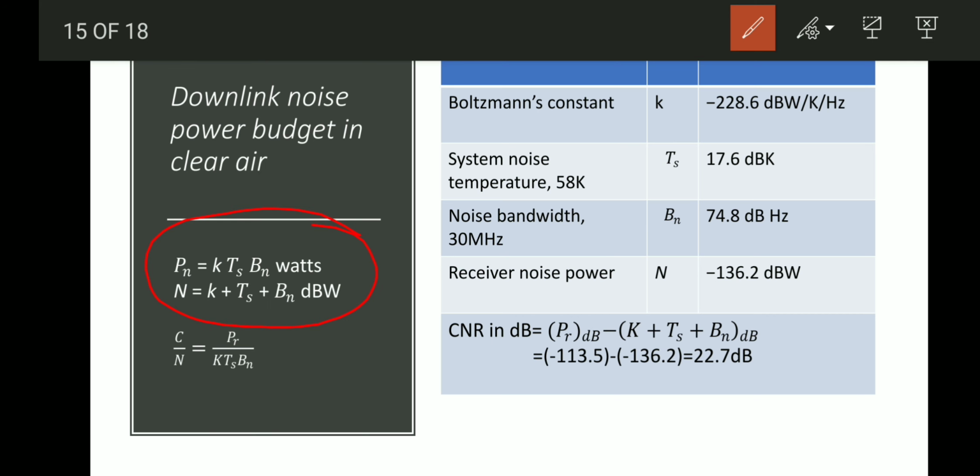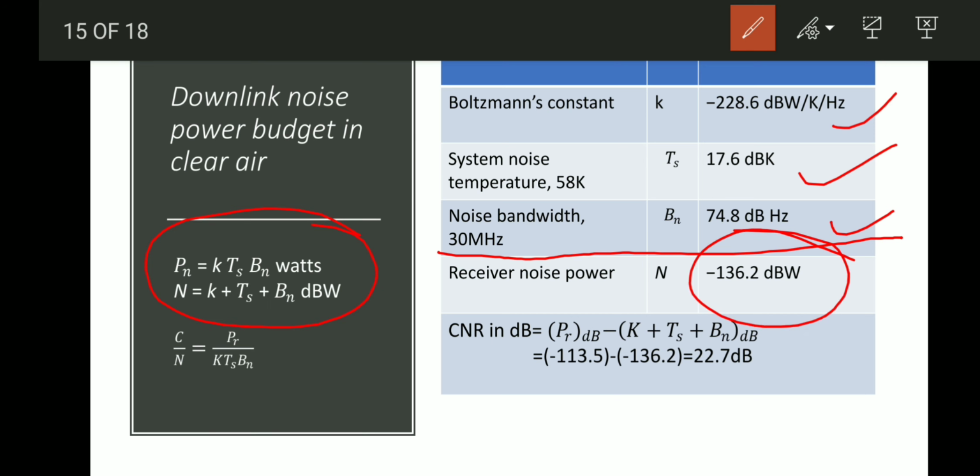Here we have done that again in tabular form, and this is K, this is Ts, this is Bn, all added together, and we get minus 136.2 for this specific case, which is the noise power.